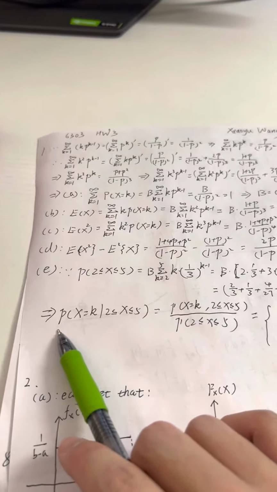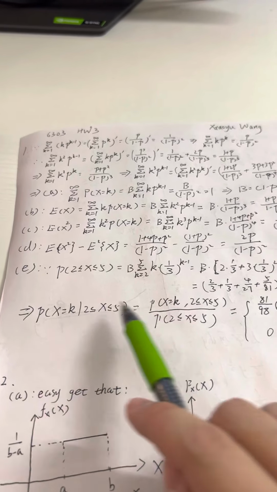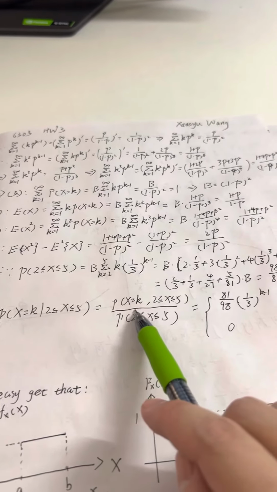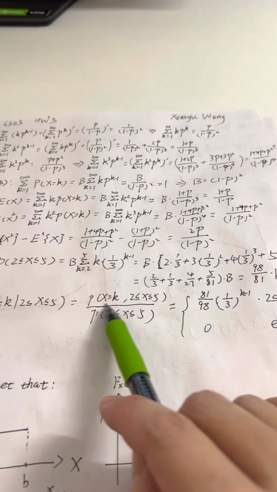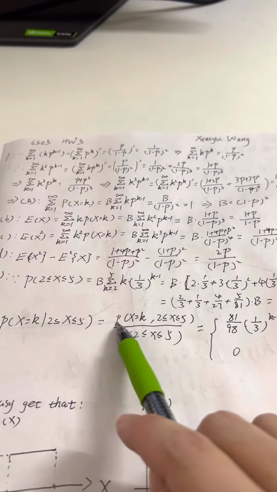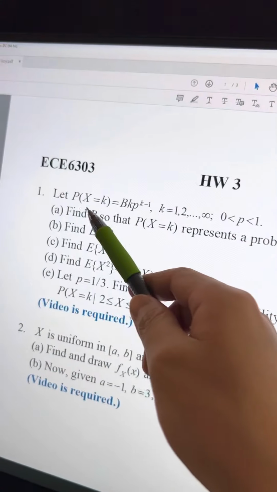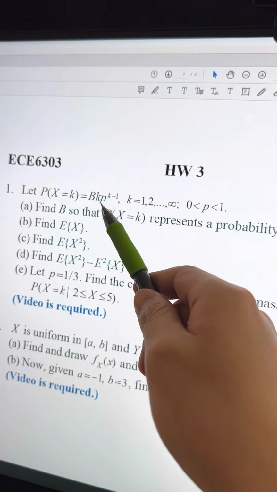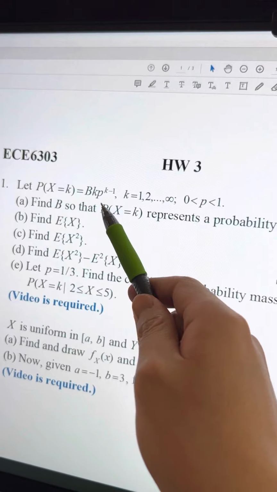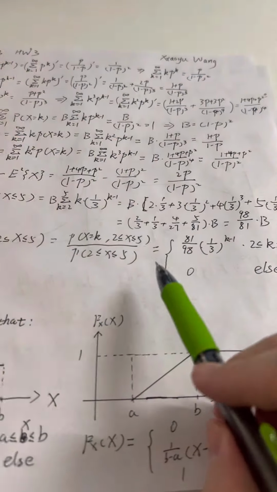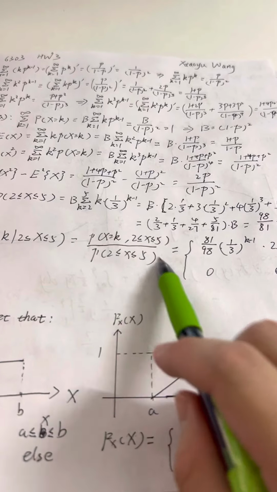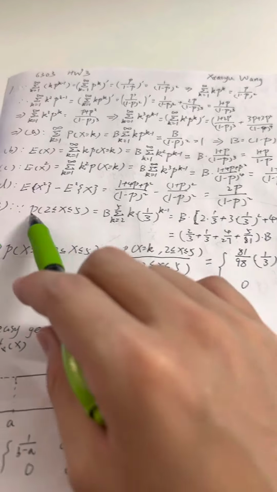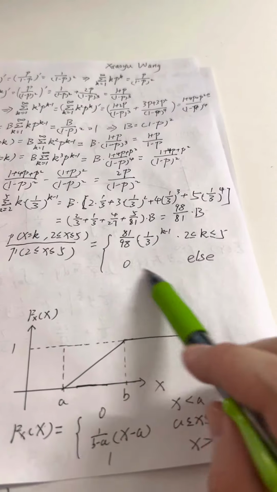For the conditional probability, we can convert it into this one, which is just equal to this one, but with the limitation that k ranges only from 2 to 5, and we divide by this result and get the final result.